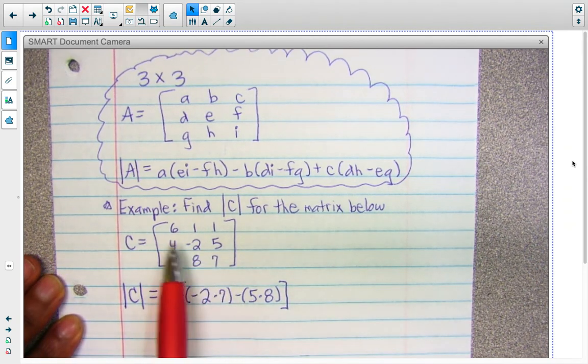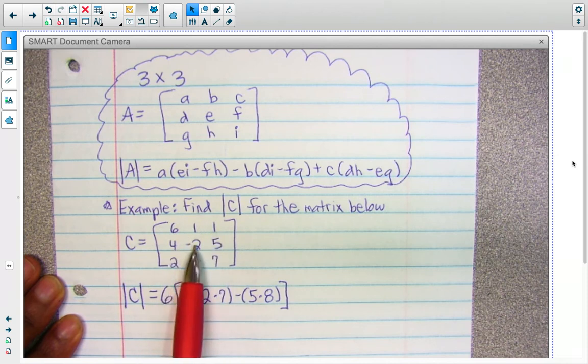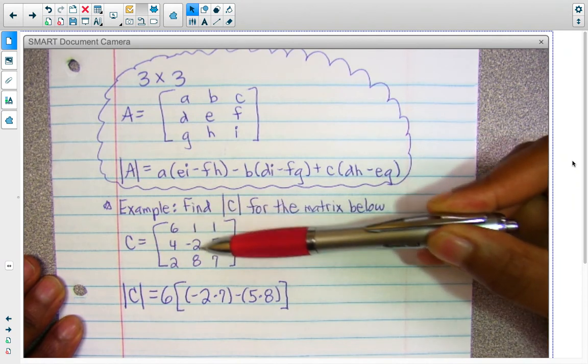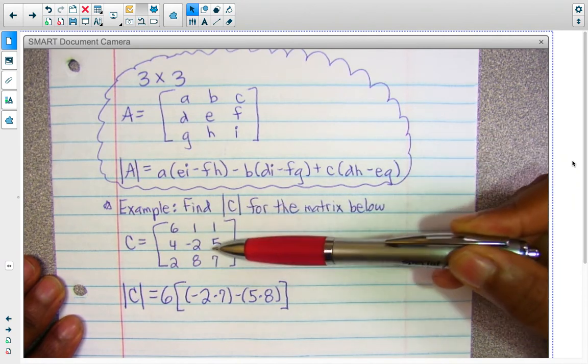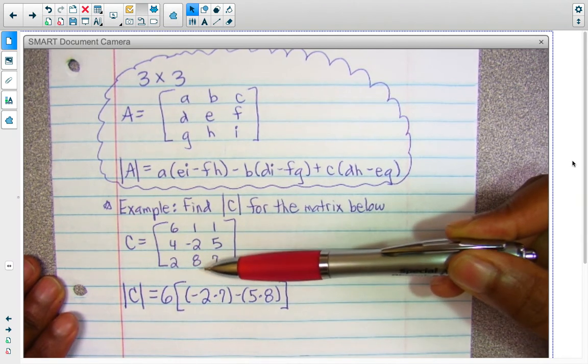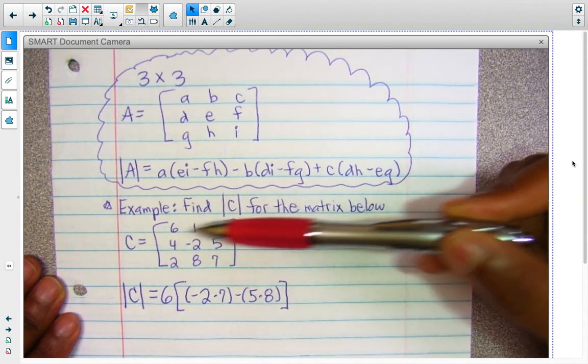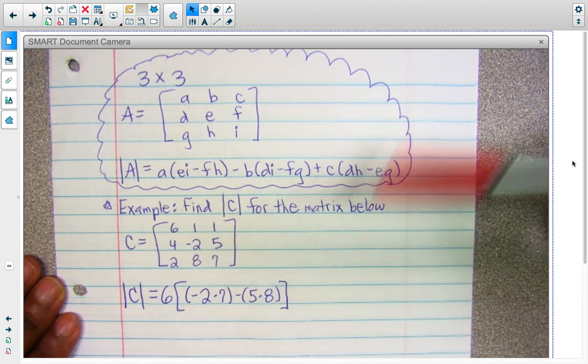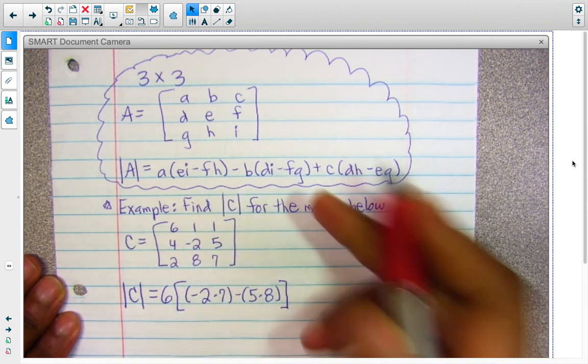Again, this is A, B, C, D, E, F, G, H, I. So I'm doing 6 times this diagonal and this diagonal. So think back to the little squares that I tried to pull out a minute ago. This top corner times this 2x2 down here. Then I keep following the formula. I'm going to do a minus.